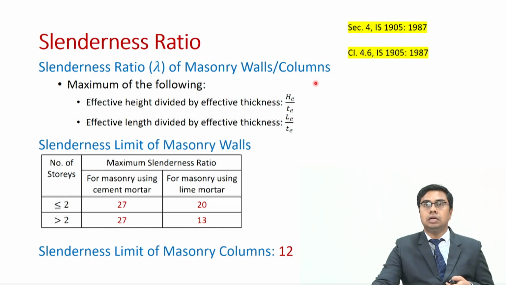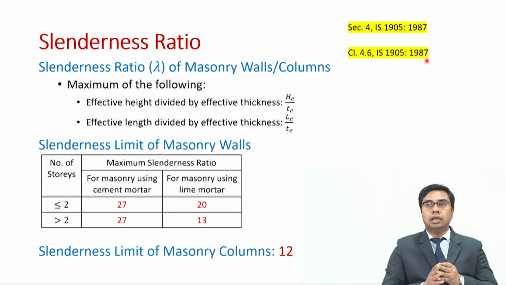We have to consider the maximum of the two based on clause 4.6 of IS 1905. Now, once we have calculated the slenderness ratio, this slenderness ratio shall be checked against some limit. Why do you need such limit? So that you have desired failure in your masonry wall.